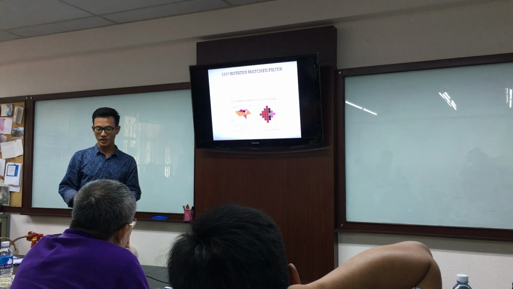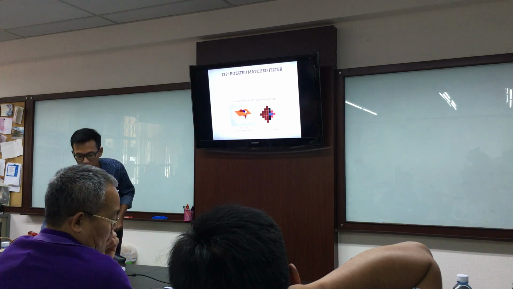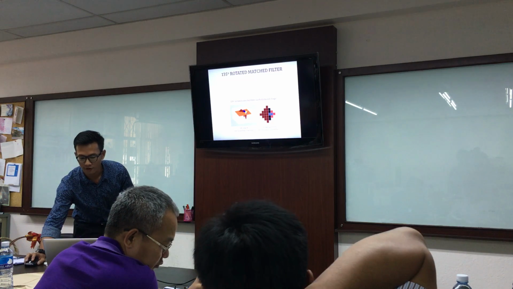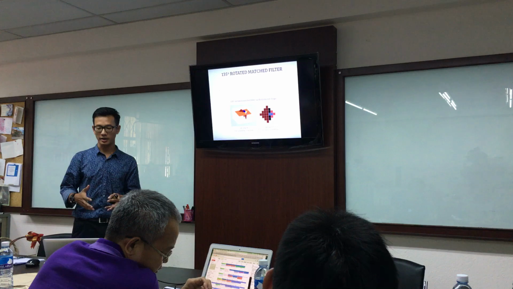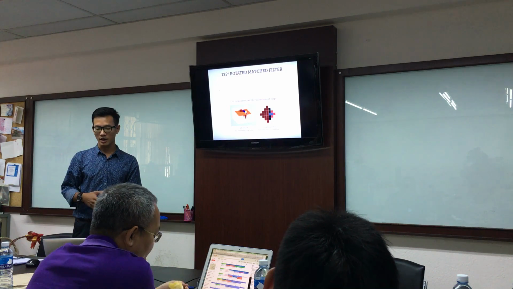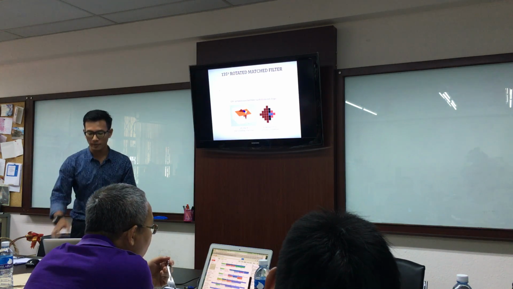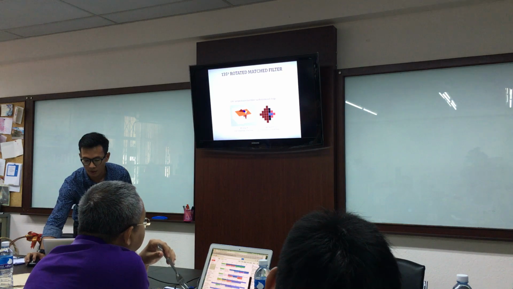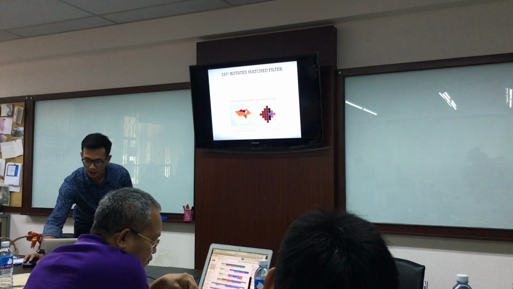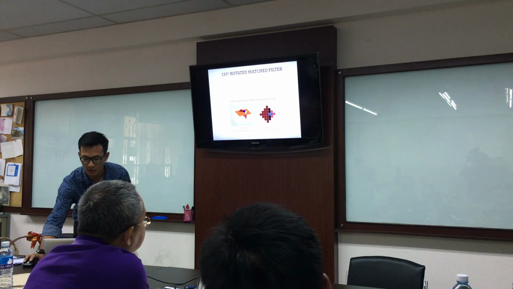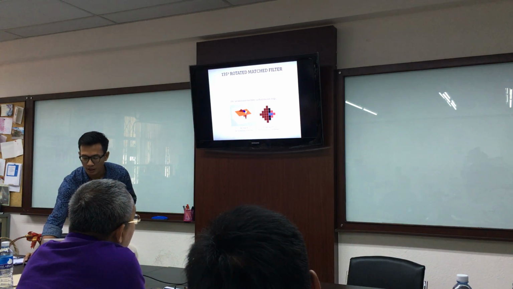Okay, so I use the 135 rotated matched filter. This image I cropped from the kernel that is already calculated, and I plot it in a 3D view, so you can see that on the left-hand side it actually has the positive values.